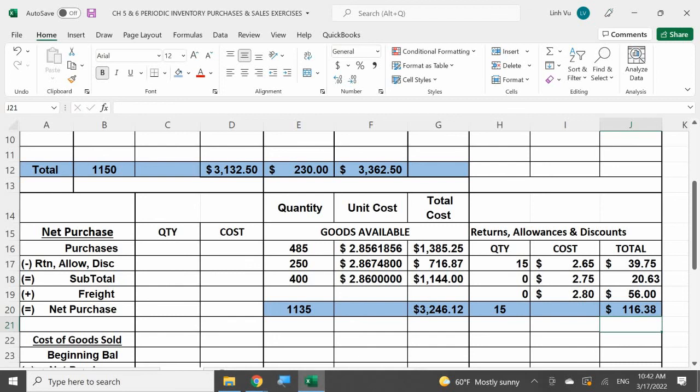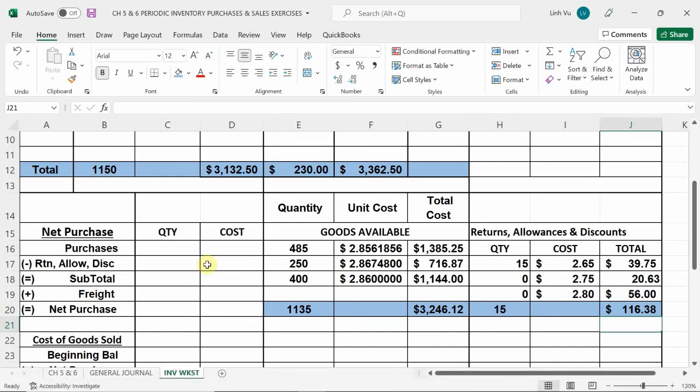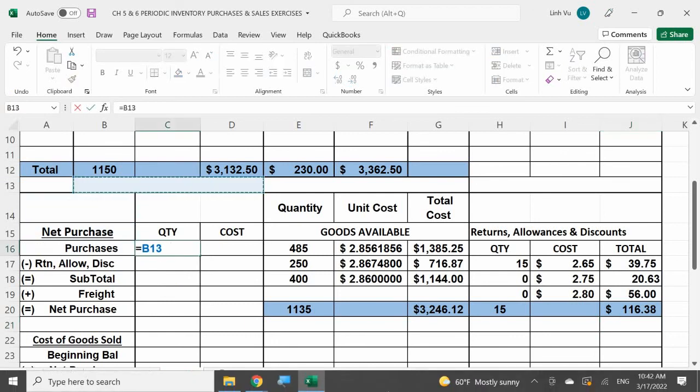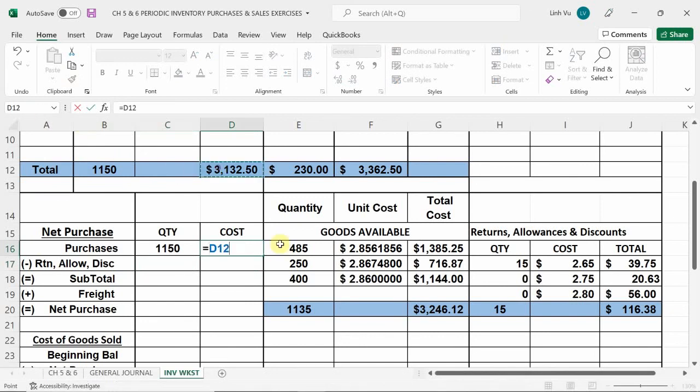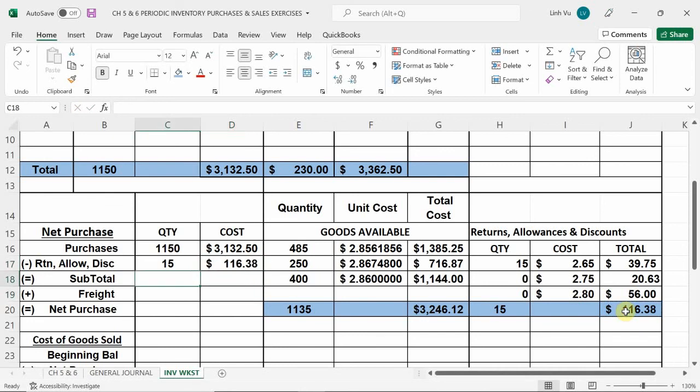Excellent. So now let's go ahead and solve for our columns here on the left. What was my total purchases? I purchased 1,150 units at a total of $3,132. My returns, I ended up returning 15 units, but I'm getting a grand total refund of $116.